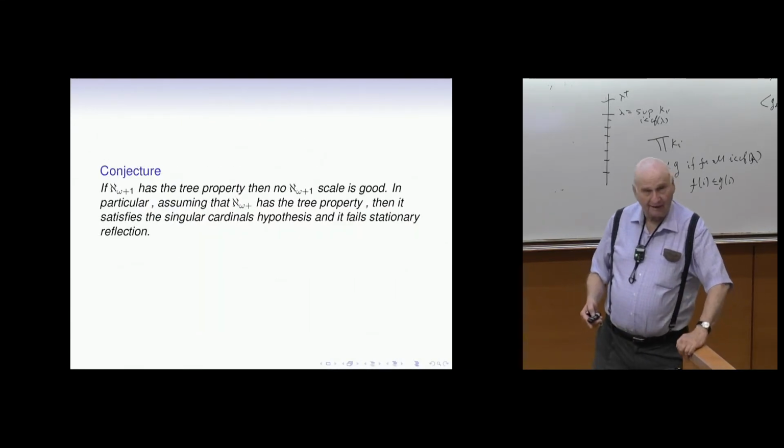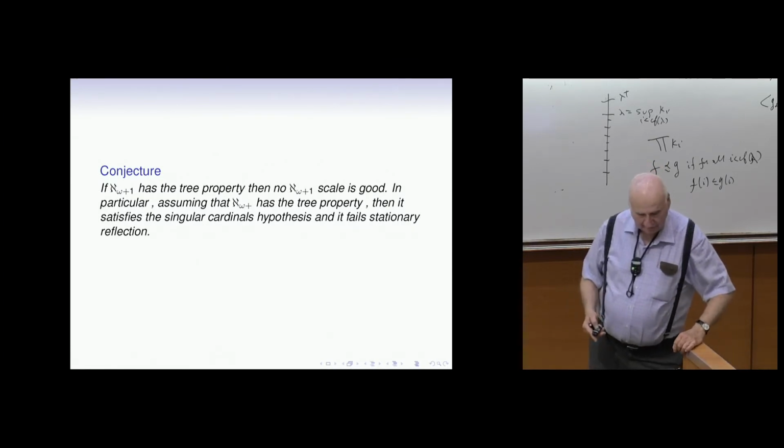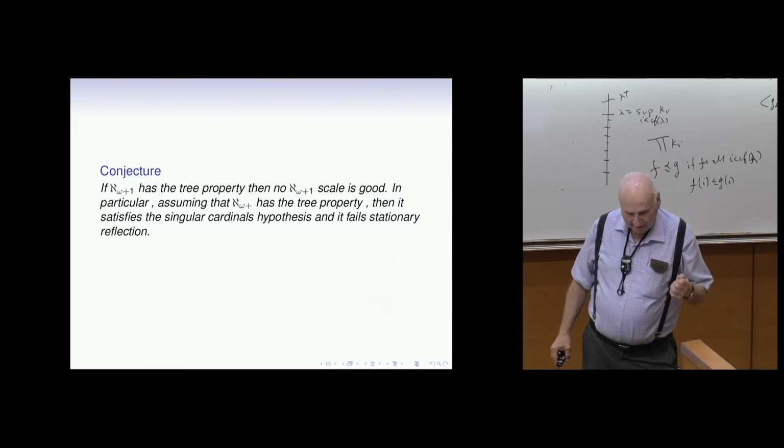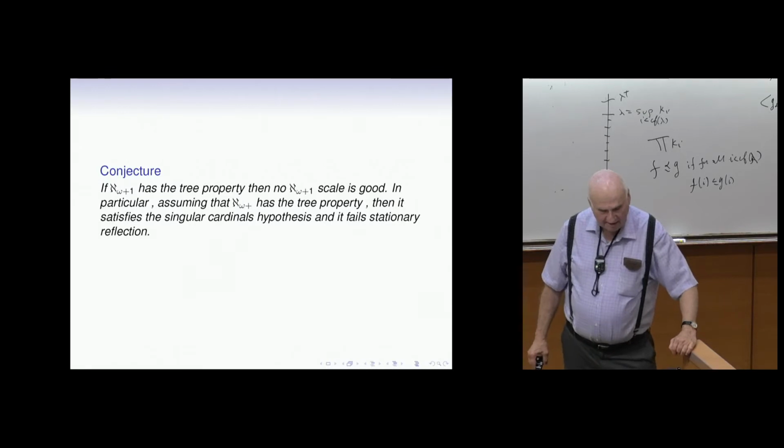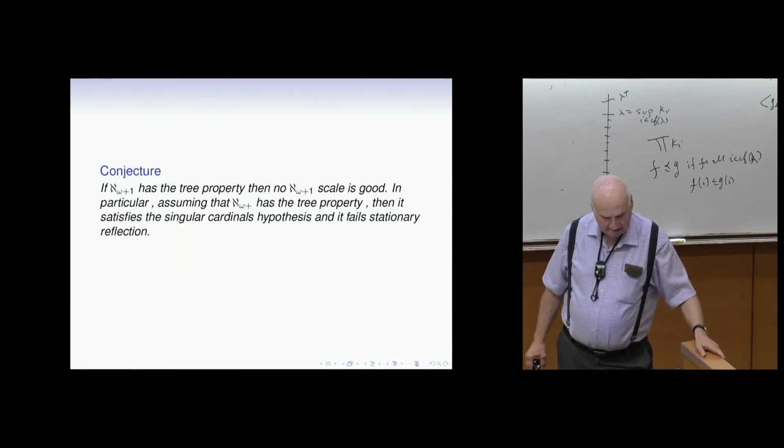Still, I dare to conjecture that for Aleph Omega plus 1, my previous conjecture holds. Namely, even in a stronger sense, that if it has the tree property, then no Aleph Omega plus 1 scale is good.